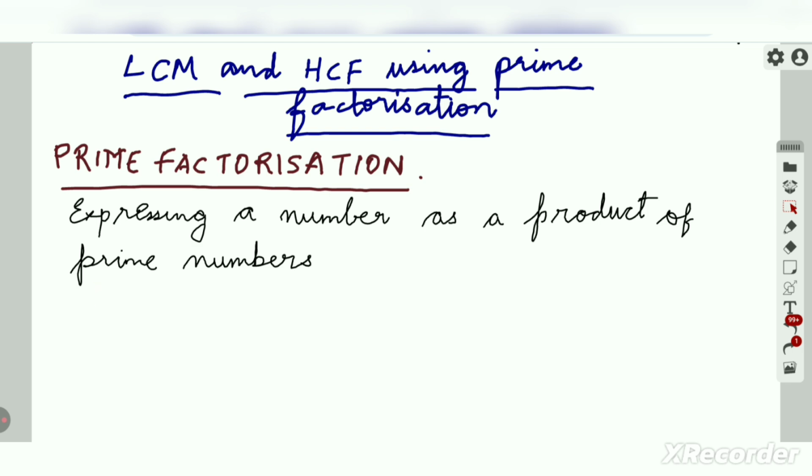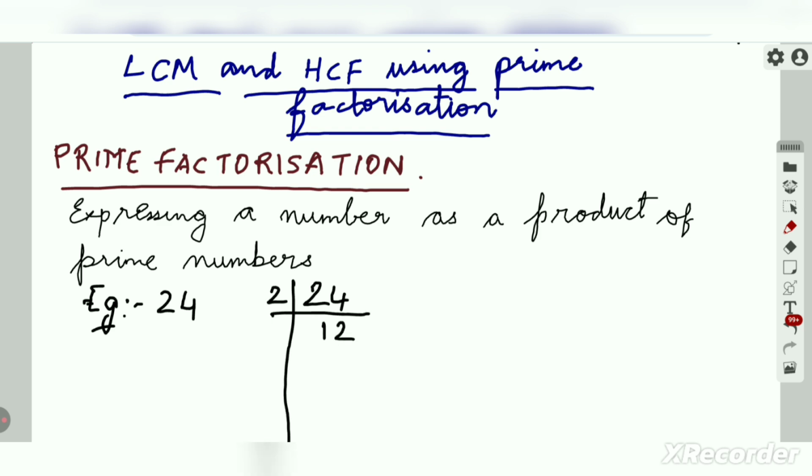Let's take an example of 24. So how do you do the prime factorization? 2 12s are 24, 2 6s are 12, 2 3s are 6, 3 1s are 3.